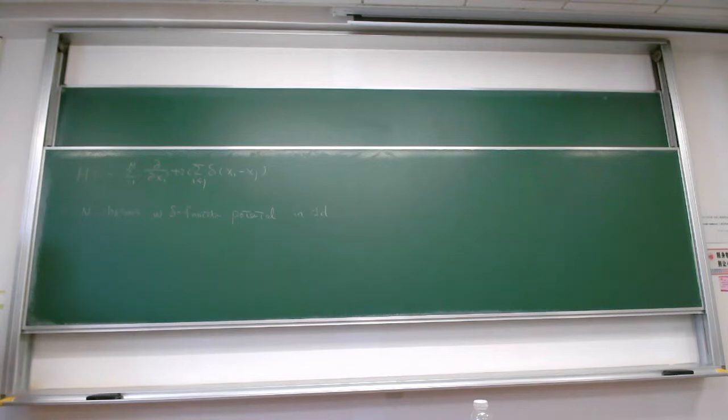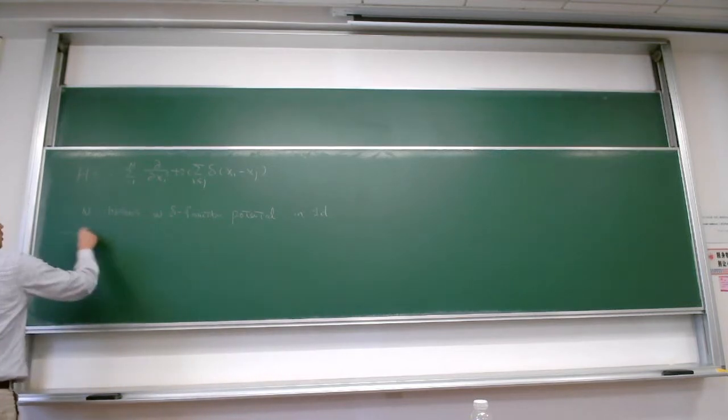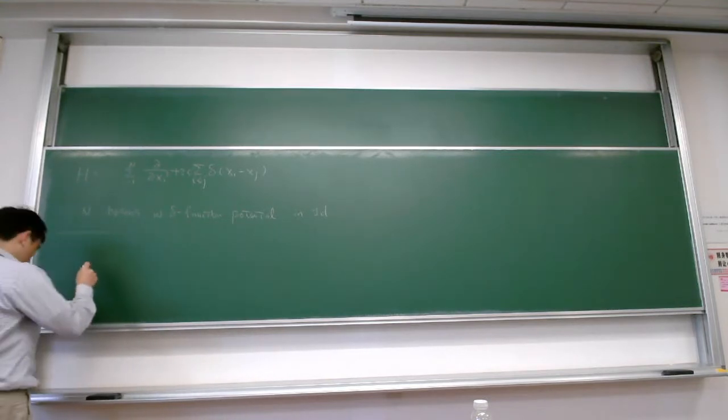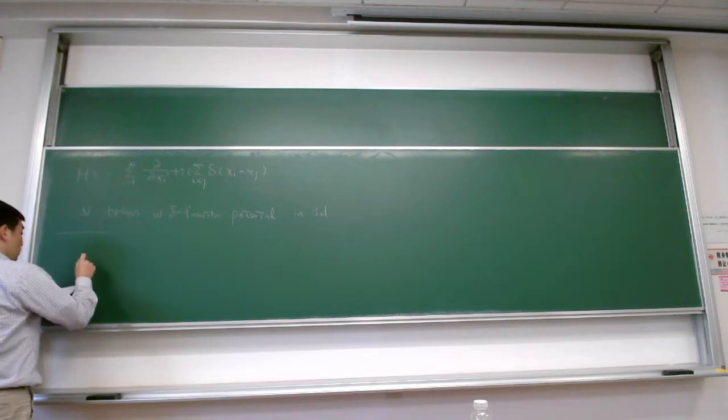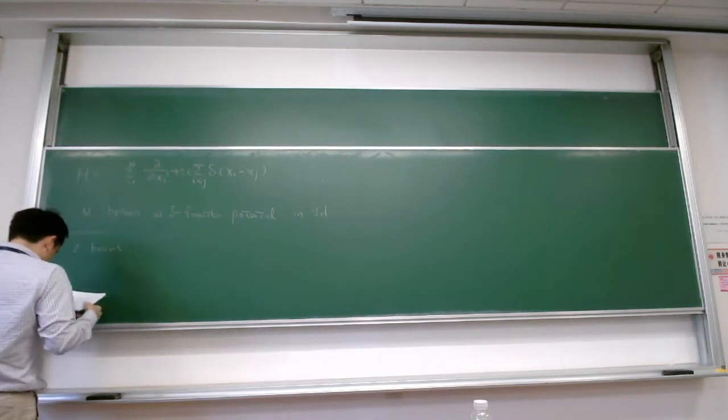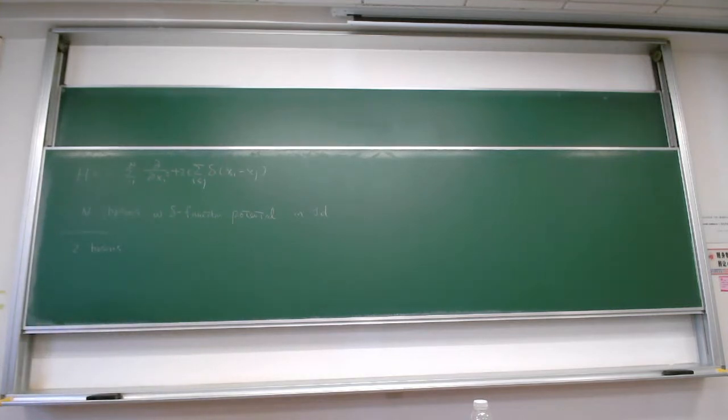So last time, first of all, just before solving the many-particle problem, we looked at the two bosons. So the equation of motion becomes like this.